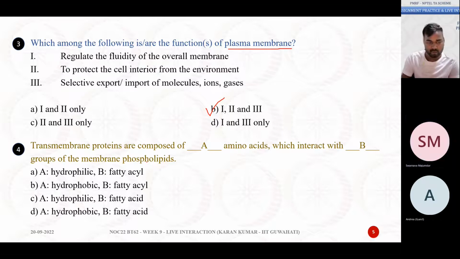Option B. Transmembrane proteins are composed of hydrophobic amino acids which interact with the fatty acyl groups of the membrane phospholipids. Are you sure about this? Hydrophobic, yes. Very good. Option B is correct.